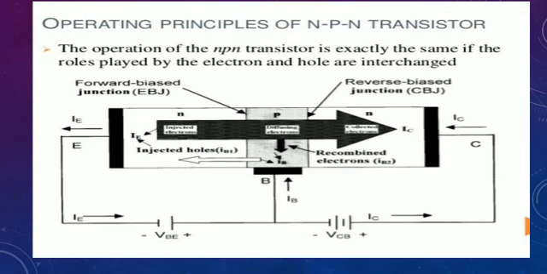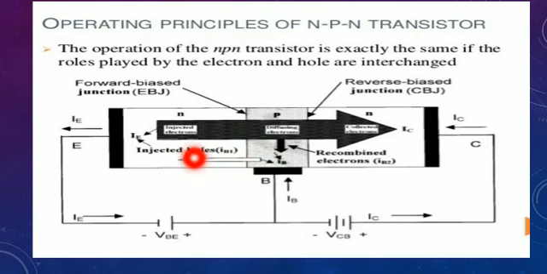Due to the forward bias junction between the base and the emitter, a current is created, that is the base current, IB. In the same way, due to the injection of holes, some current flows, that is the emitter current. Electrons are injected from N to P type, and at the same time holes are injected from P to N side.